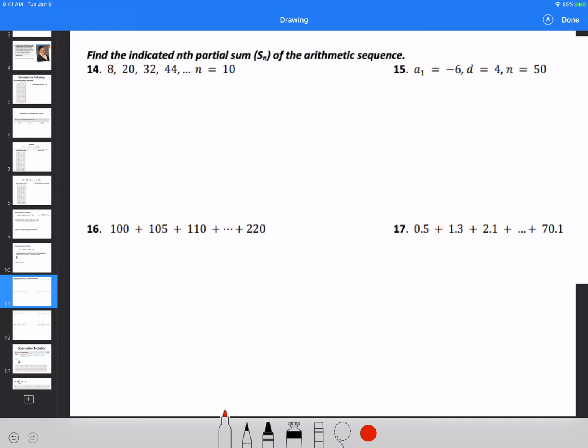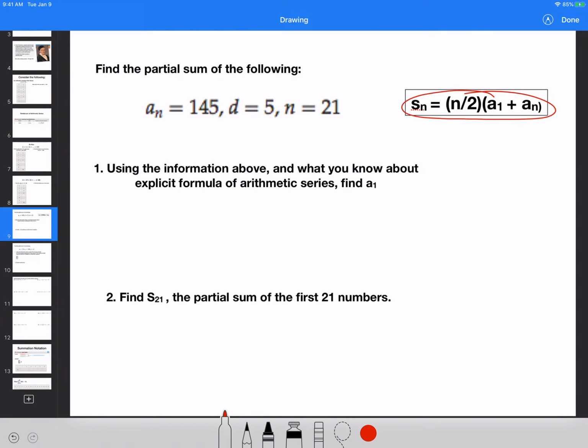Yesterday we were able to do questions, for example 16 and 17, and I want to go over that first. Remember, the summation of an arithmetic sequence comes from this formula that says the summation is equal to n divided by 2 times the first and the last term of the sequence.